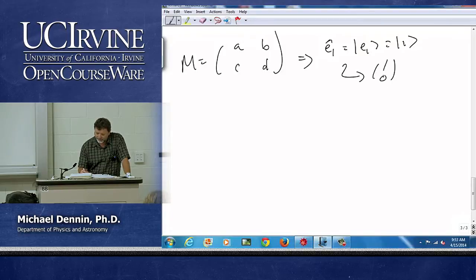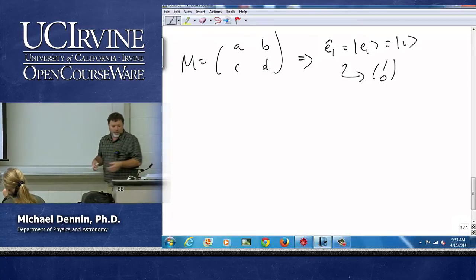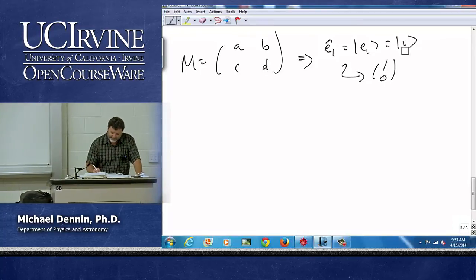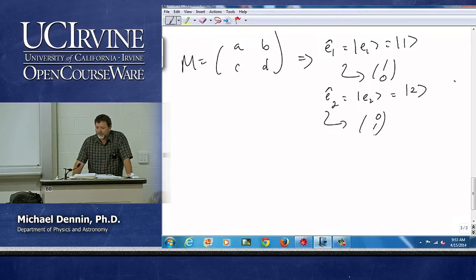There's lots of different notations we might use for it: E1 hat, E1 bra, the number 1 in the ket, sorry. That's a 1. And we've picked 2. And we've assigned this to 0, 1.